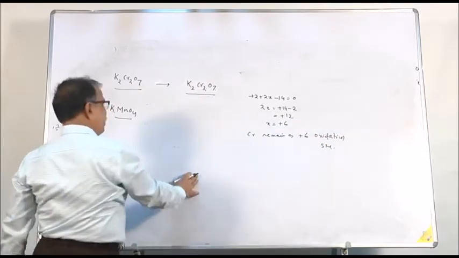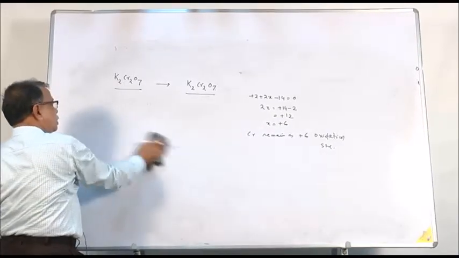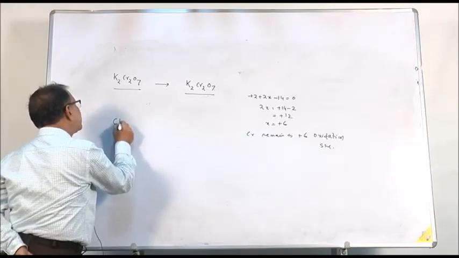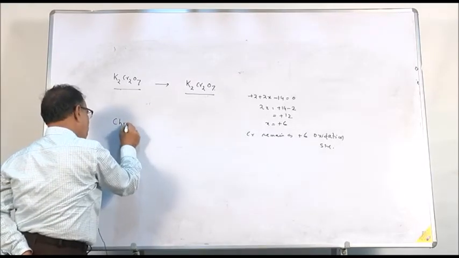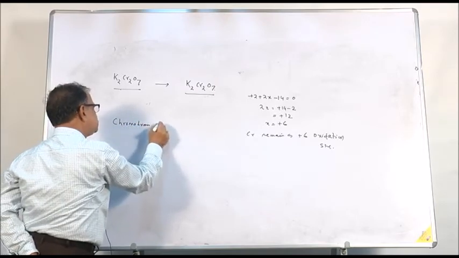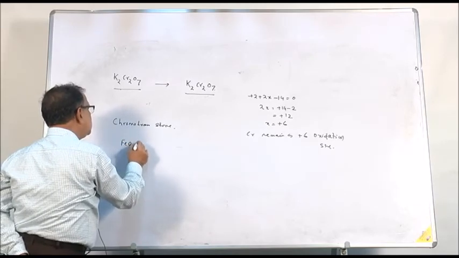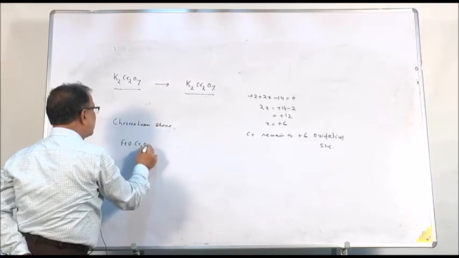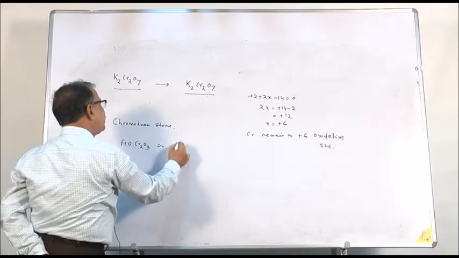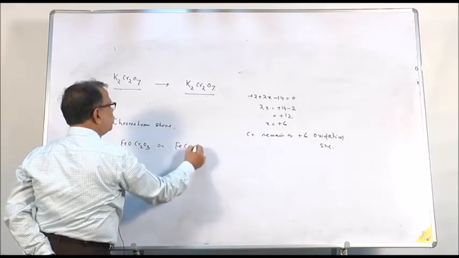So this can be prepared from chromo iron stone. We can prepare this compound potassium dichromate from chromo iron stone, whose formula is FeO Cr2O3, or we may write FeCr2O4.